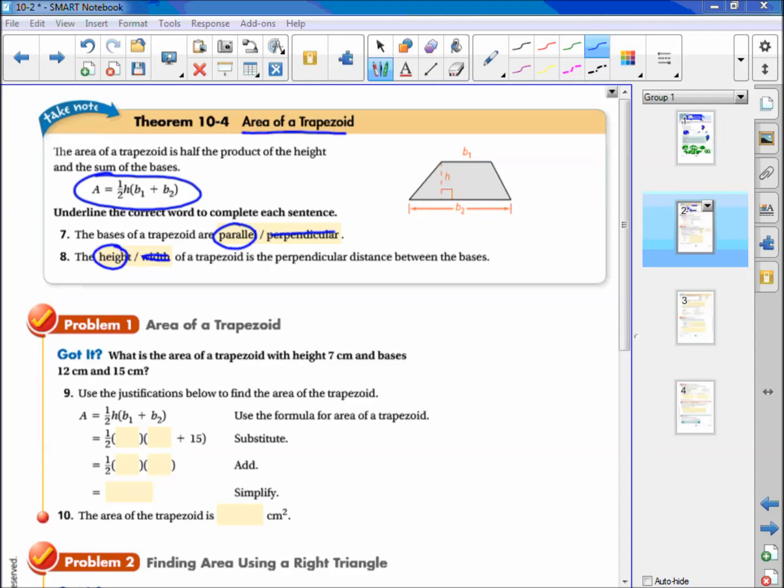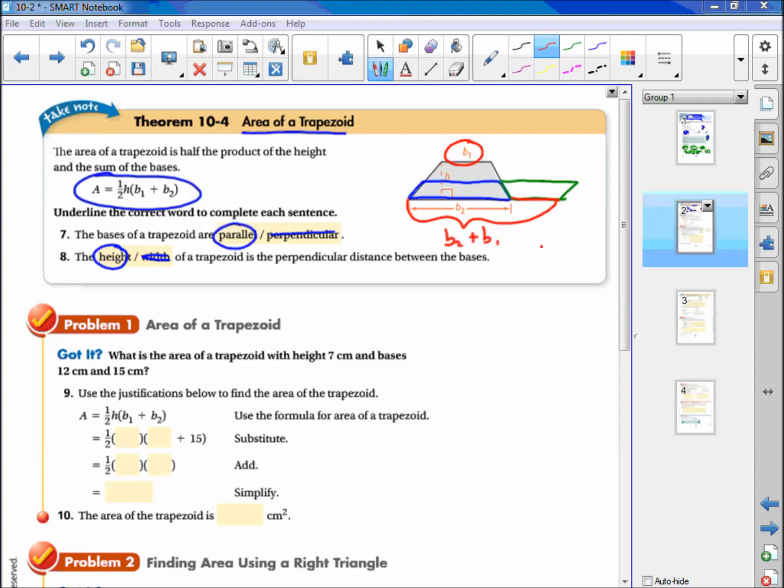So let's see why this formula works. What I'm going to do is cut this trapezoid in half, because that's what that half does. So we're going to go right where the height is and split it in two pieces. And then if we take the top half and spin it upside down and reposition it, now we have a parallelogram. And this parallelogram has a base that is the old base B2 plus this part that got split off and moved here, so plus B1.